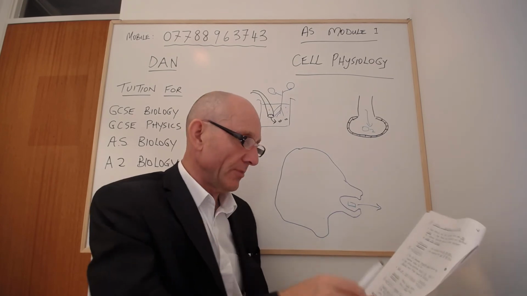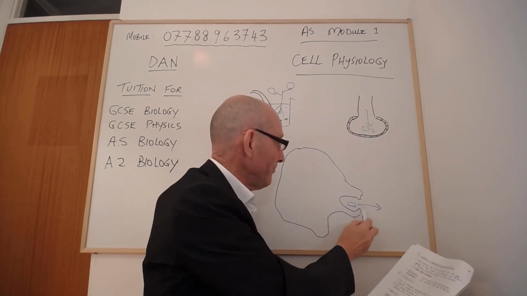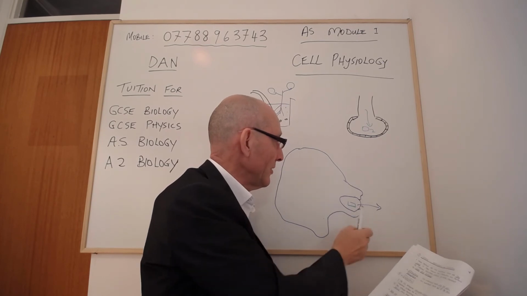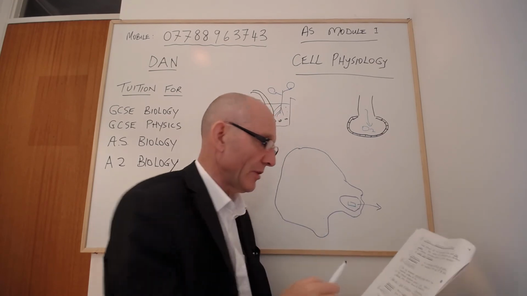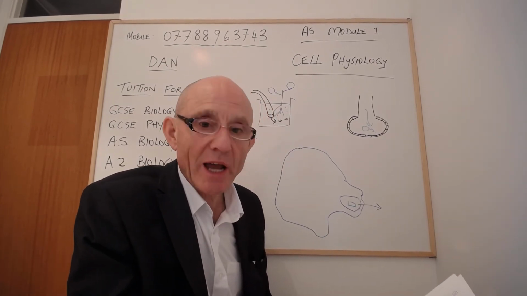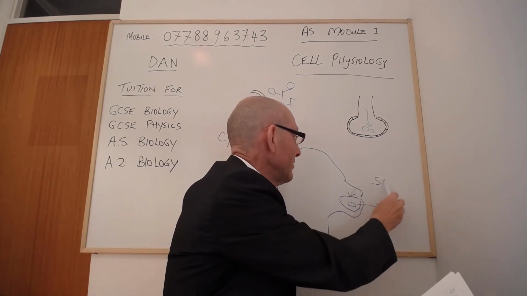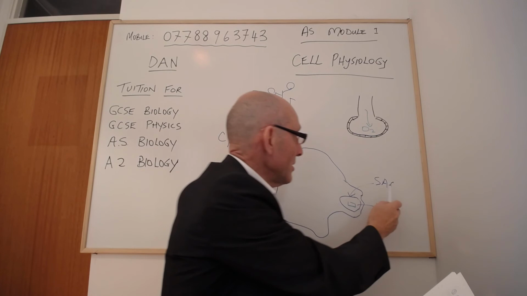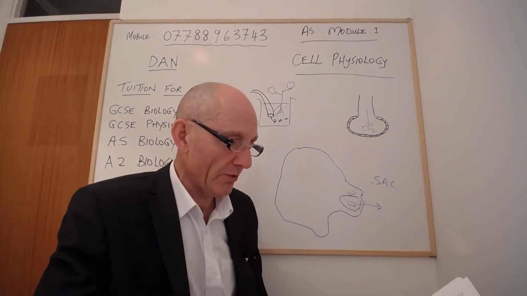It takes the substance in. The second thing is the unfolded membrane then closes up to create a vesicle inside the cell. I've said the unfolded membrane creates a vesicle or a sac. You could say a sac, S-A-C, which surrounds the substance.